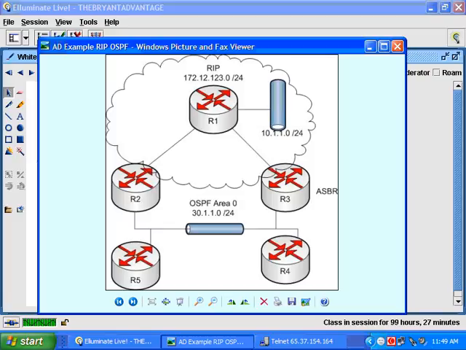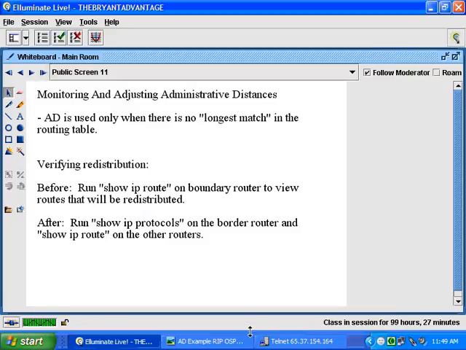This is an excellent time for you to jot down this entire network. You may want to go ahead and pause the video and print the screen because we are going to be tracing some routes throughout the redistribution process. And speaking of that redistribution process and administrative distance, just a quick review.